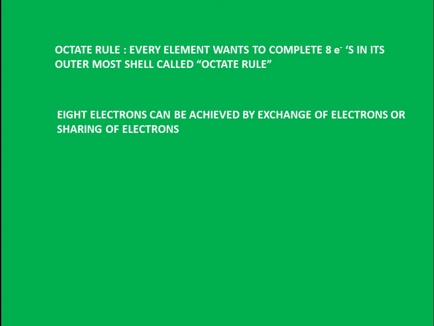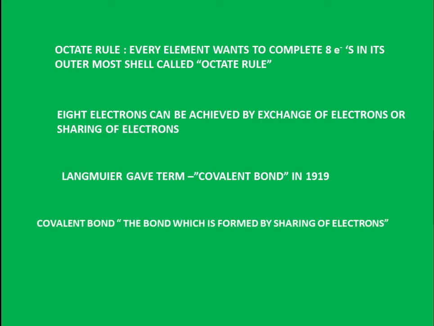If atoms complete their 8 electrons by sharing, the type of bond formed is called a covalent bond. In 1919, the scientist Langmuir coined the term covalent bond. What about the covalent bond? The bond which is formed by sharing of electrons.